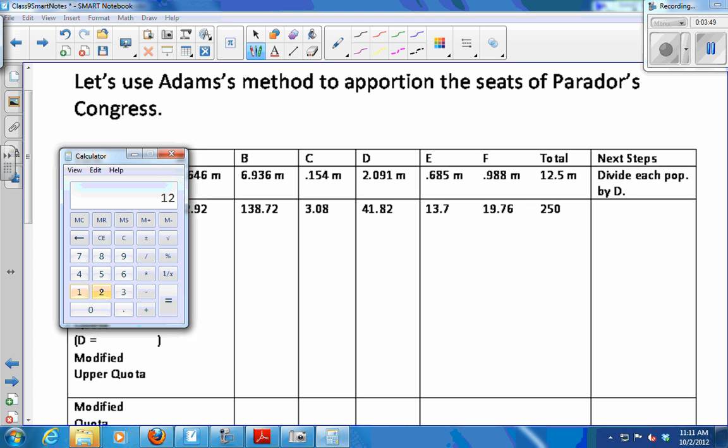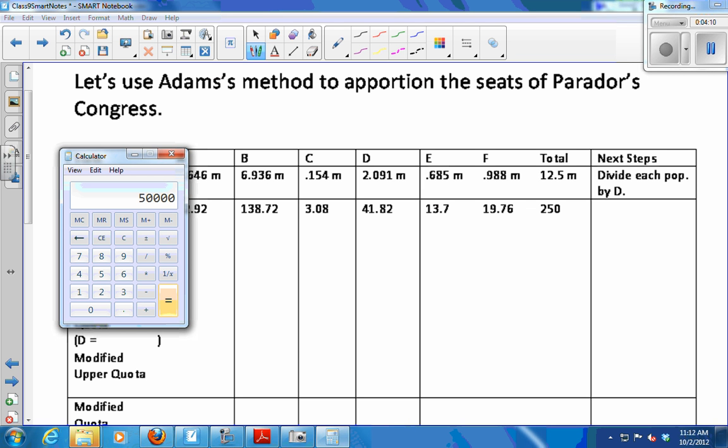So my standard divisor is 50,000 people per seat. That is, each seat in the Congress of Parador is supposed to represent 50,000 people.